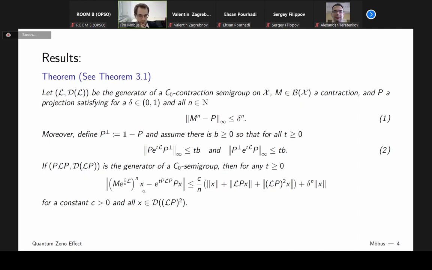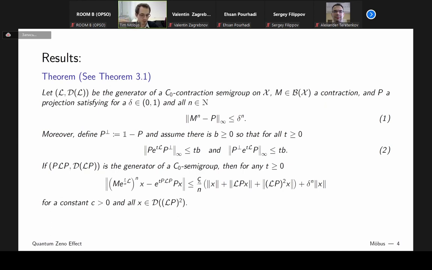So, our theorem shows that we find this upper bound here. First of all, what is important is that we have a 1 over n convergence, and one can show that this 1 over n convergence is optimal. Moreover, we have this constant C, which is explicit.